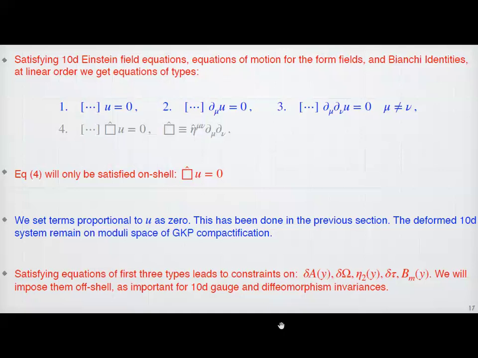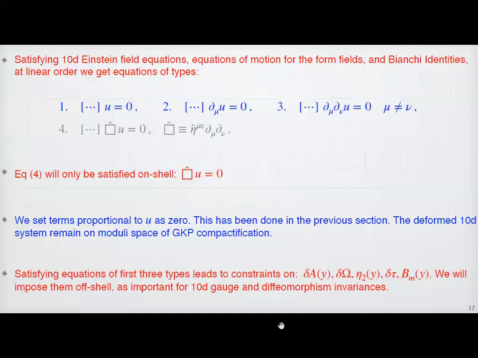But wouldn't that mean the linear fluctuations vanish? Because the term proportional to U, I don't directly see why they would vanish. First of all, these are the KD equations of motion. They should be satisfied.